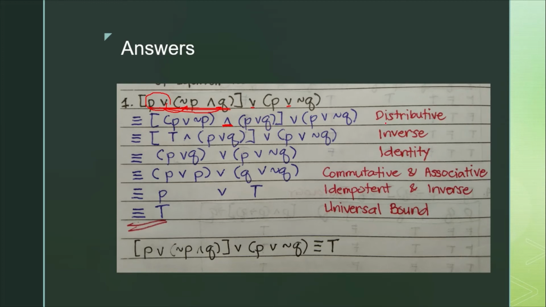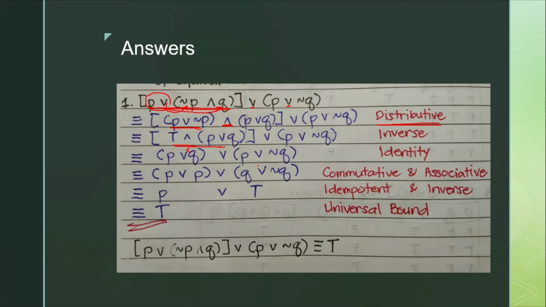Again, here I indicated which law I used when I arrived at that line or that solution. Then using another law, we can simplify this. That's inverse, so this is just equal to true. And with another law, identity, this one is also just equal to true.